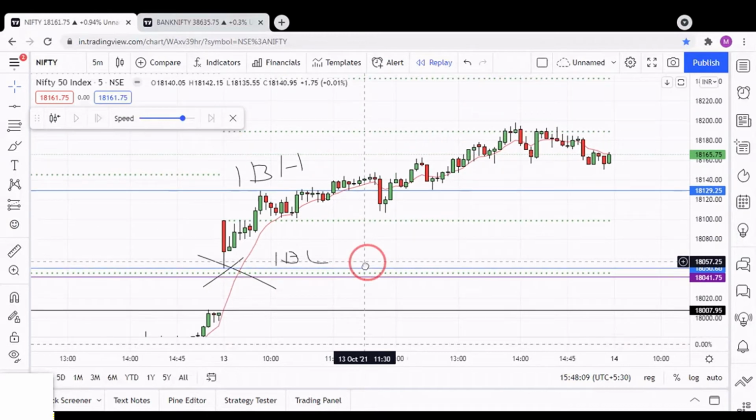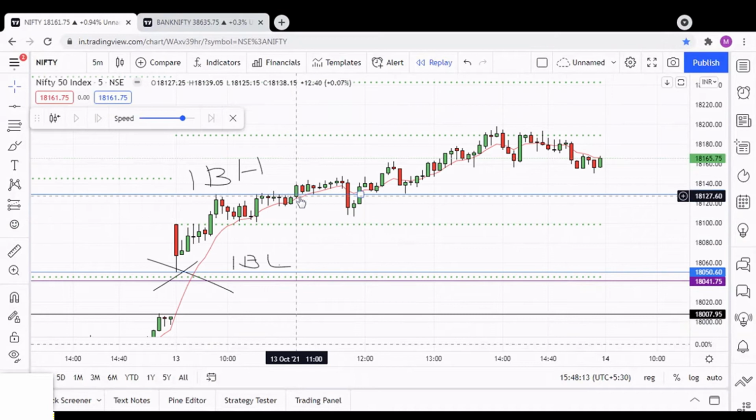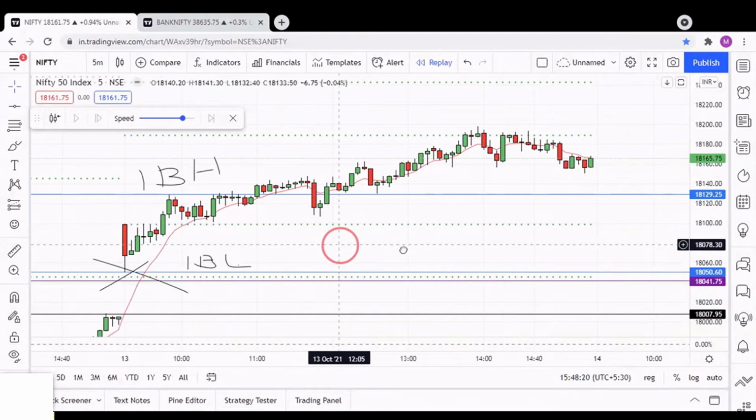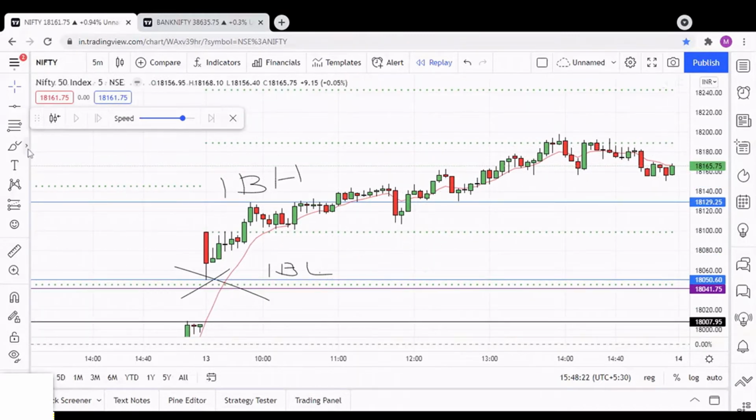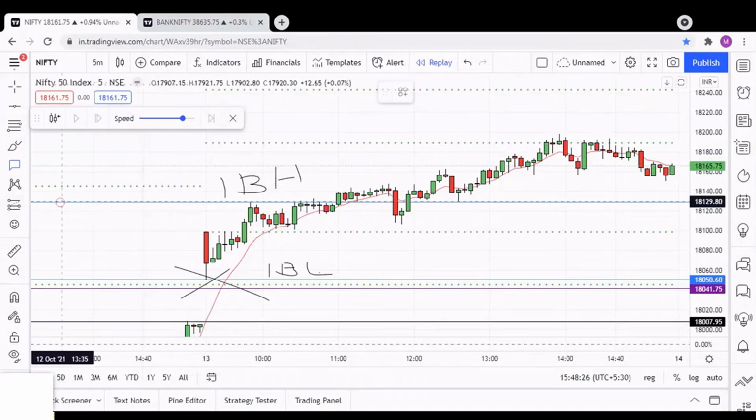Right, let's look for some opportunity. There is an opportunity at this green candle. This green candle broke the IBH and closed above the IBH, so one can go for a long entry at this green candle. So we can go long here.